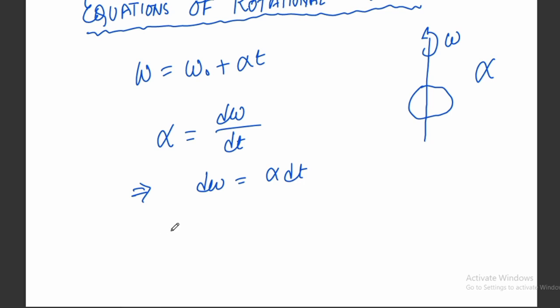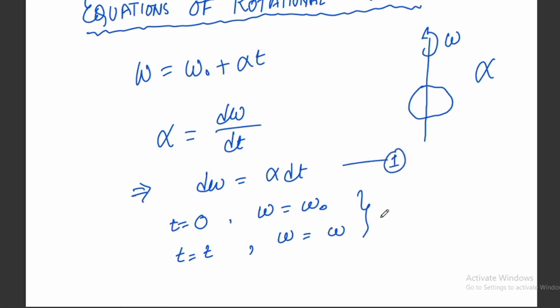Now let's suppose that at time t equals 0, the initial angular velocity was omega naught, and at time t, the angular velocity was omega. This is our equation 1.